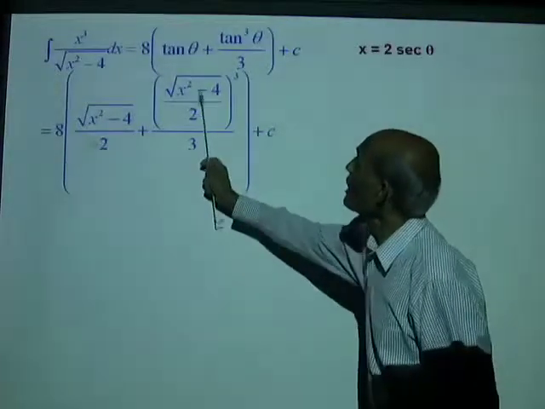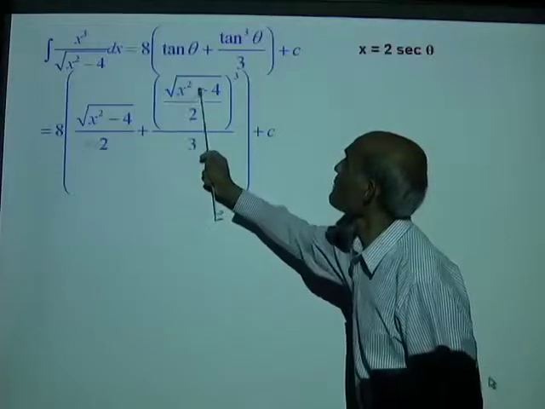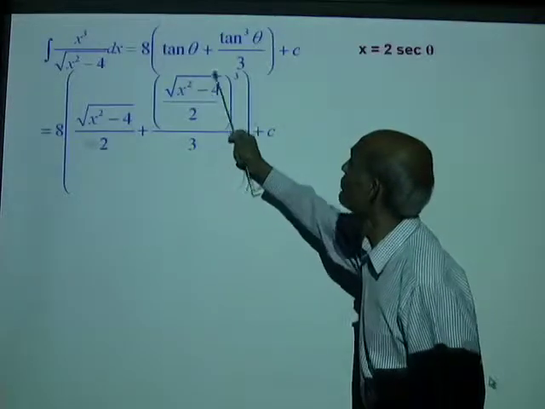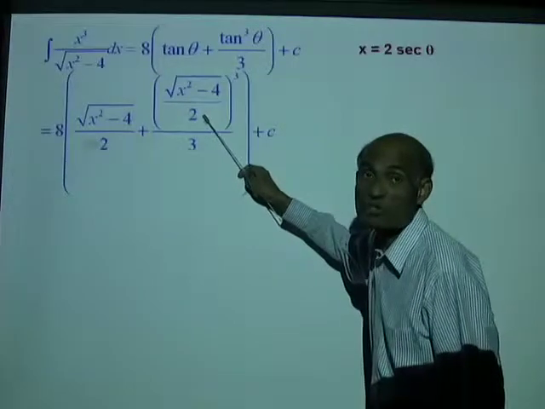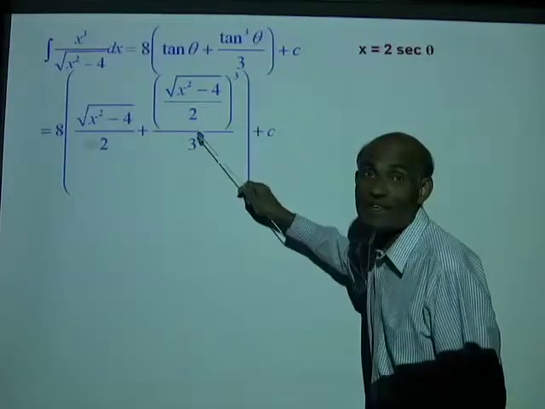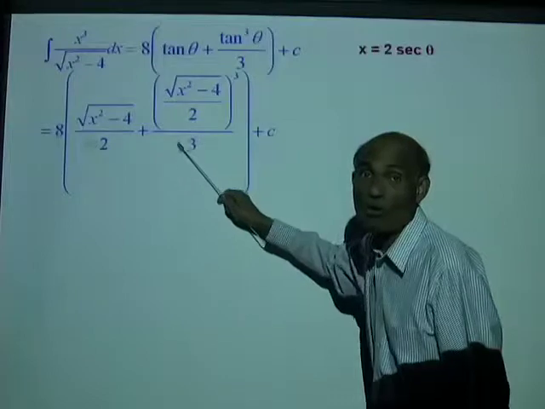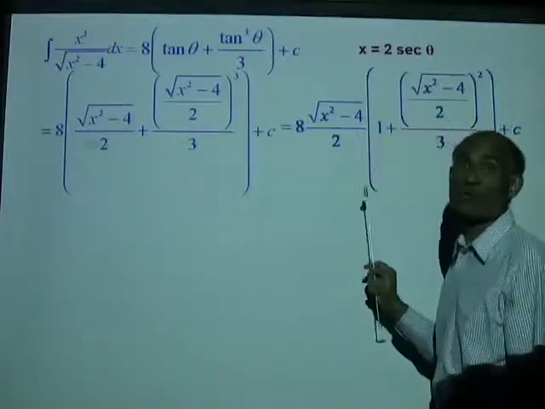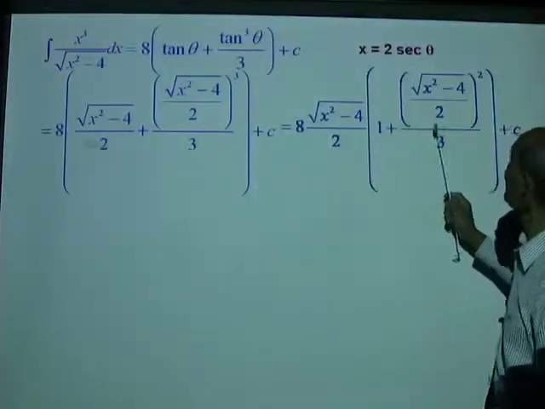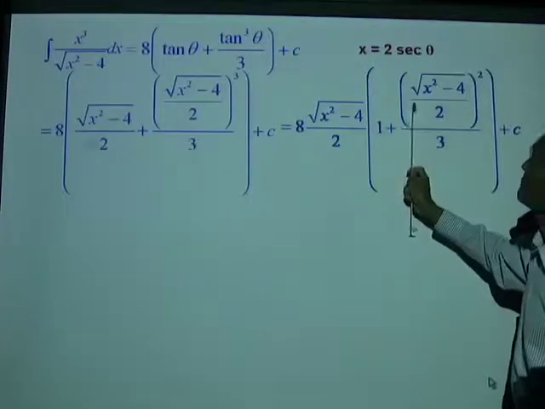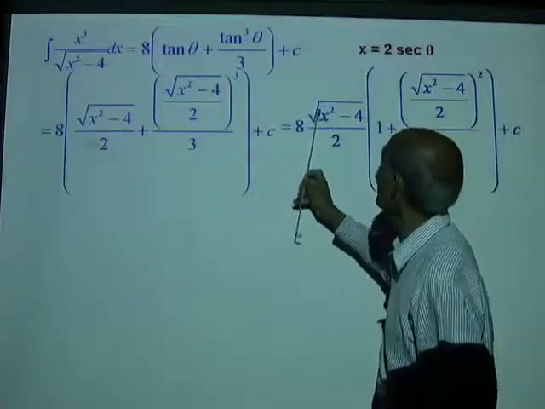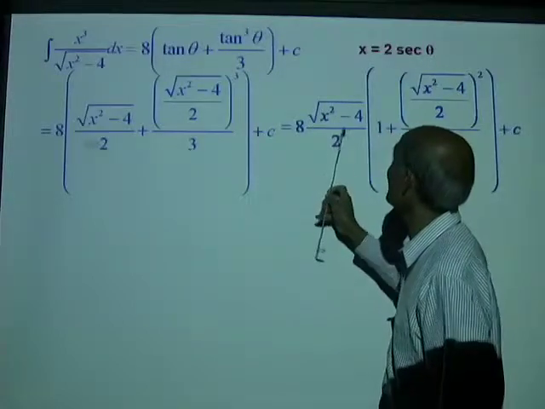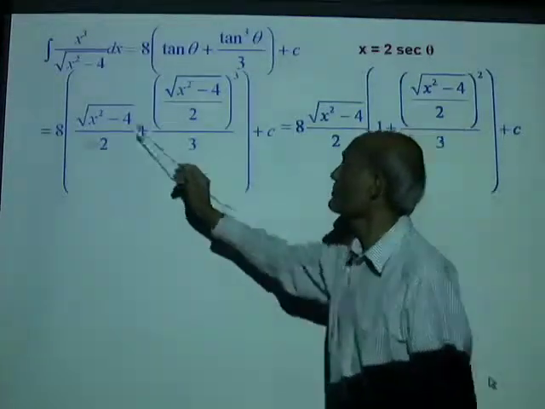Now, one way to look at this is square root x squared minus 4 to the power of 3 divided by 2 cubed, and that 2 cubed is 8. 8 times 3 is 24. The denominator there will be 24. So what I've done is I have factored out a square root of x squared minus 4 over 2. Now look at that.